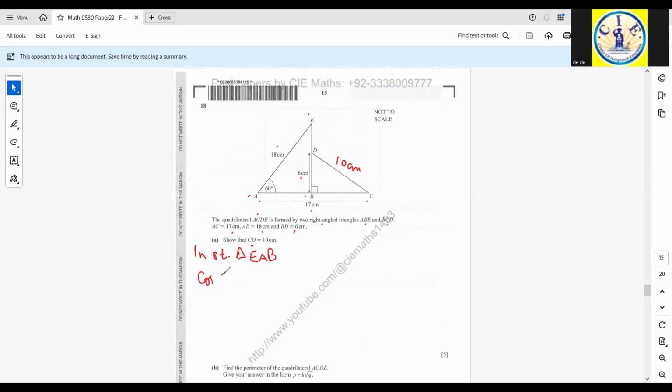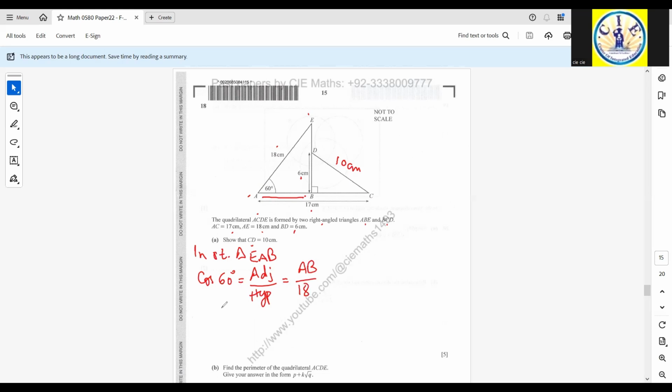When I calculate cos of 60 degrees, which is adjacent side upon hypotenuse, the adjacent side is rather AB divided by the hypotenuse, that is 18.